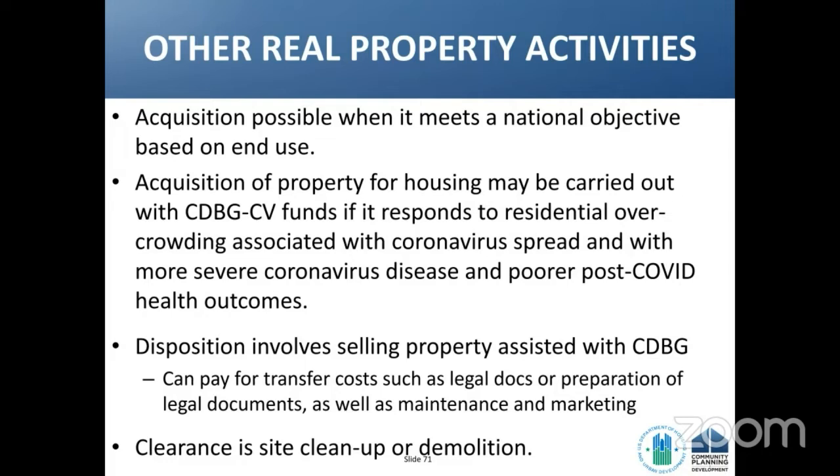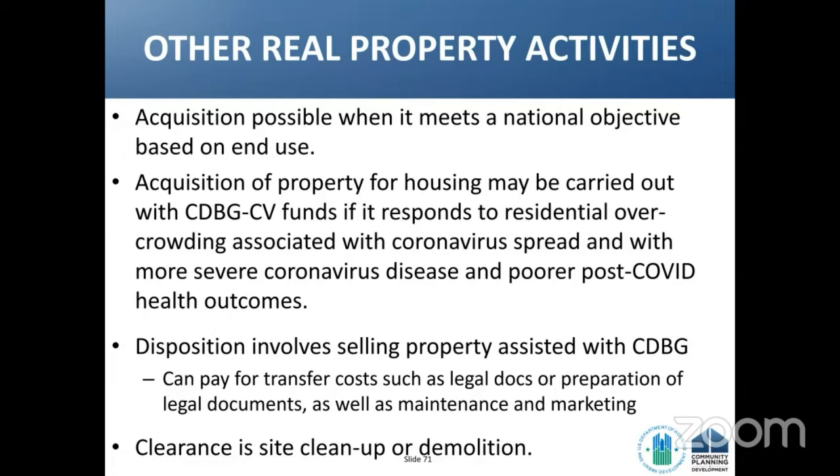We already talked about acquiring property for housing. If it's done with CV, it has to respond to residential overcrowding, the same as we discussed before when we were talking about the use of CDBG for new housing construction. For CV, it has to respond to residential overcrowding. As mentioned before, disposition of real property has to be property that was assisted with CDBG, generally acquired and or improved.